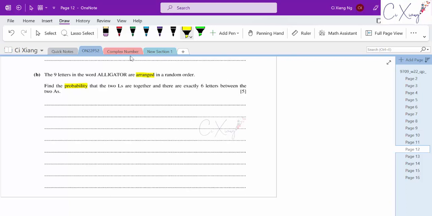To find the probability, first of all, I want to get the number of ways without restrictions.